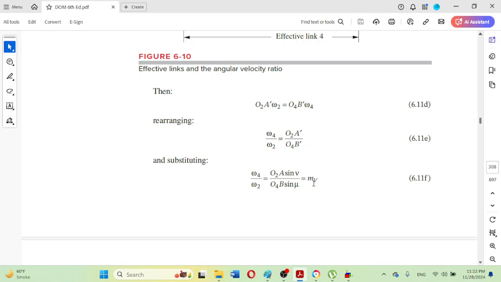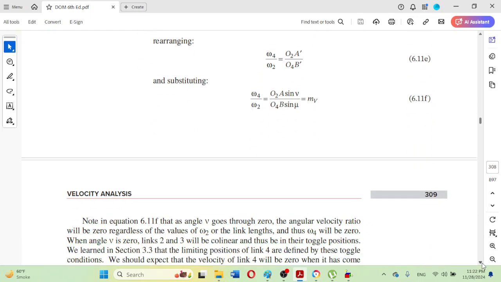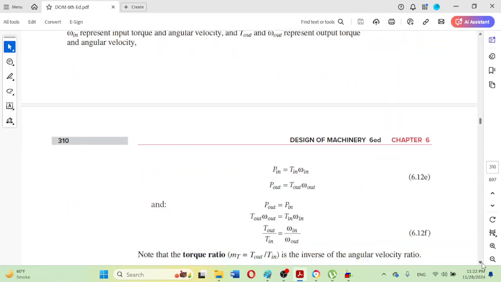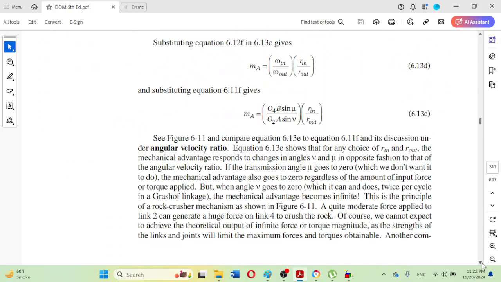That was the equation of angular velocity ratio in terms of the physical or fabricated length ratios in terms of sine v and sine mu. As we can observe here, this ratio is the reciprocal.